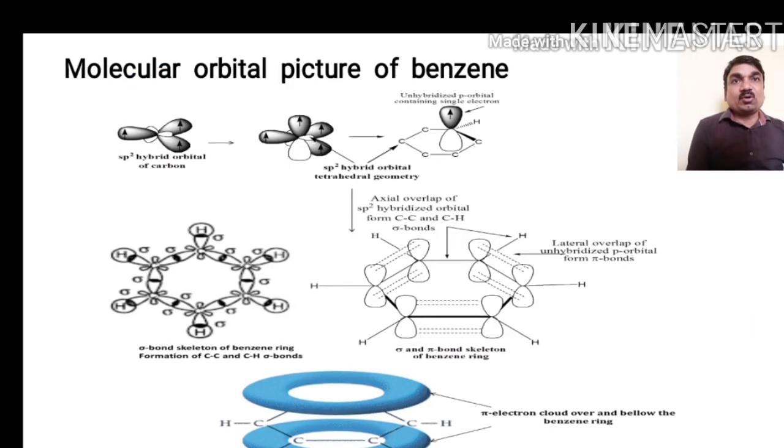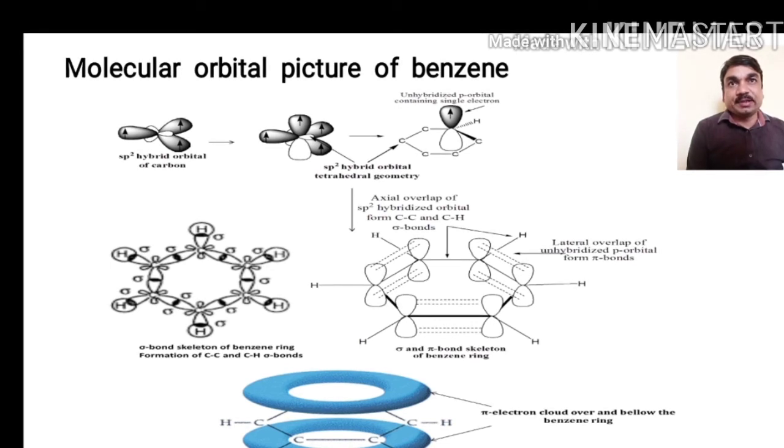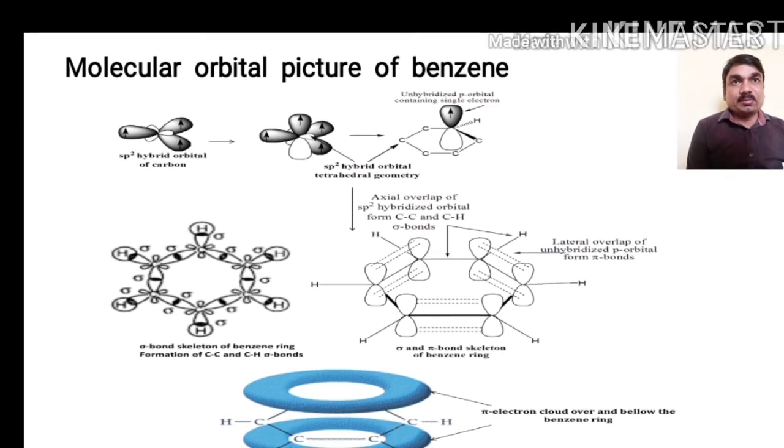Next is the molecular orbital picture of benzene. The best description of the benzene structure is given by molecular orbital theory. According to molecular orbital theory, benzene is a planar ring that consists of six sp2 hybridized carbon atoms. Each of these sp2 hybridized carbon atoms possesses an unhybridized p orbital.